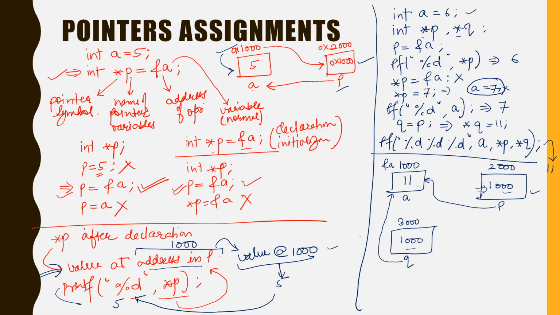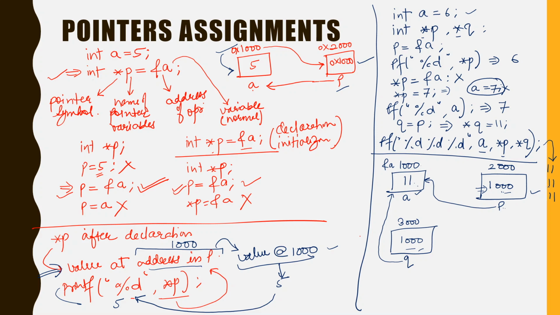Because the value of A has changed to 11. Value at address in P, which is 1000, is 11, so it will print 11. And pointer Q, value at address in Q, which is 1000, is also 11. So all three will print 11, 11 and 11.